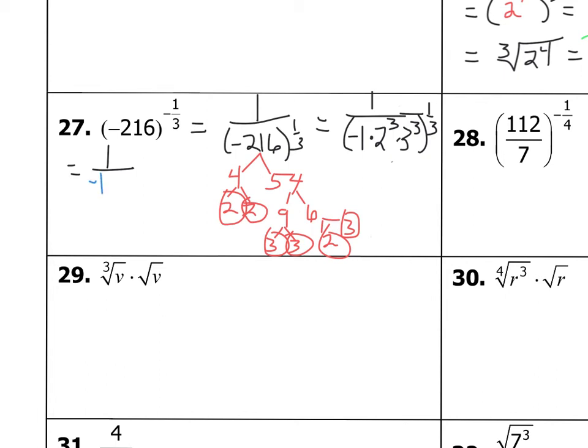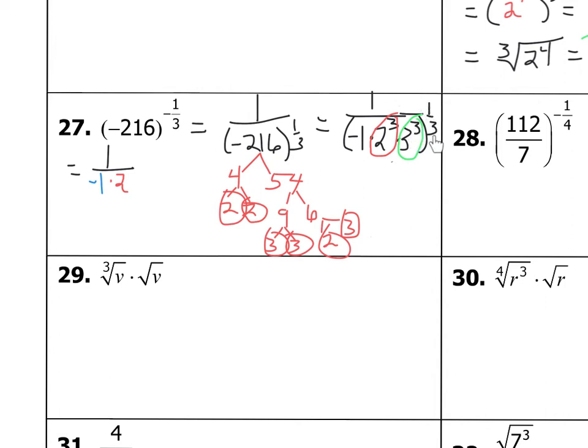And then I want to raise 2 to the 3rd to the 1/3. So power to a power, we're going to multiply those exponents. And so 3 times 1/3 is 1. So for this one right here, I end up with 2 to the 1st. And then finally, 3 to the 3rd, again, we're going to do power to power, so multiply exponents.